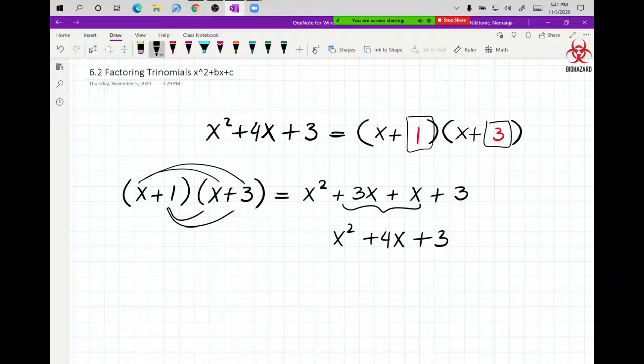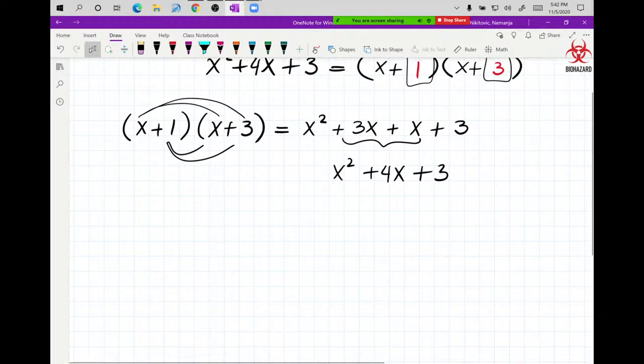Equations model the world around us, so we need to be able to solve them. Some equations have this type of solution where you have to factor, and when you factor, you will eventually be able to solve. That's going to be at the end of the chapter when we solve equations with these. Now we're only focusing on figuring out these factors.